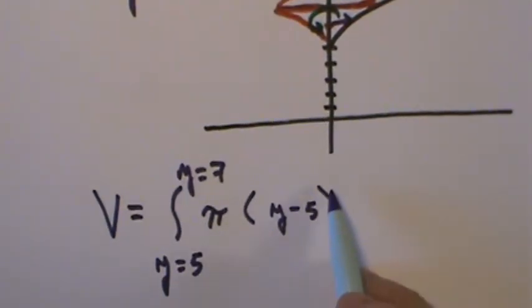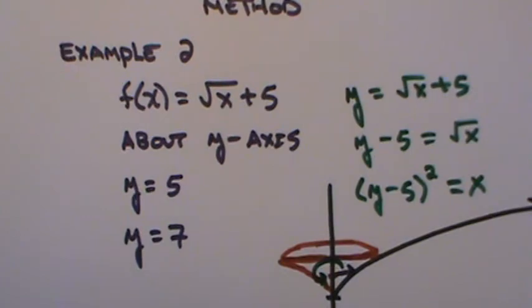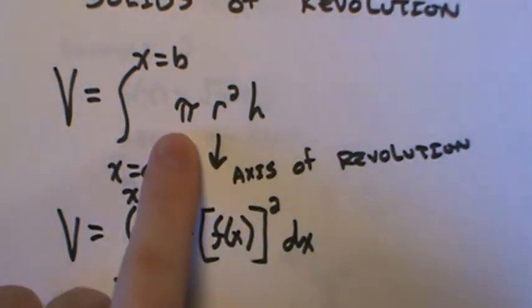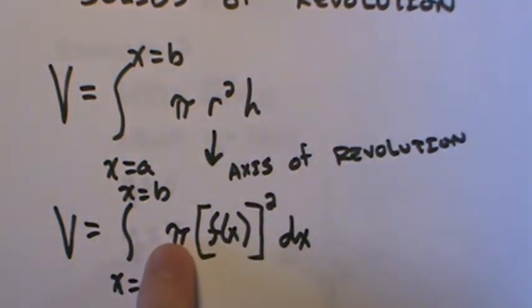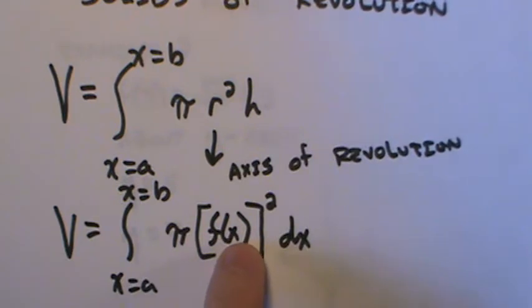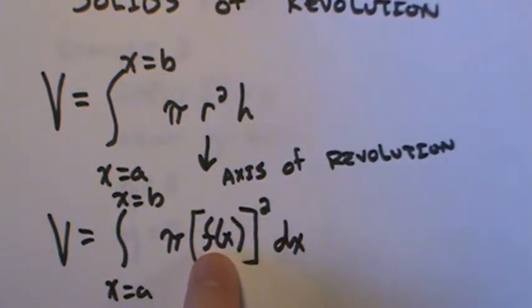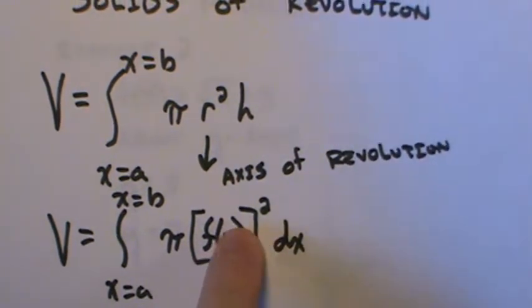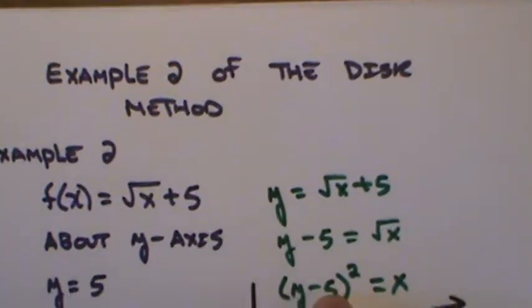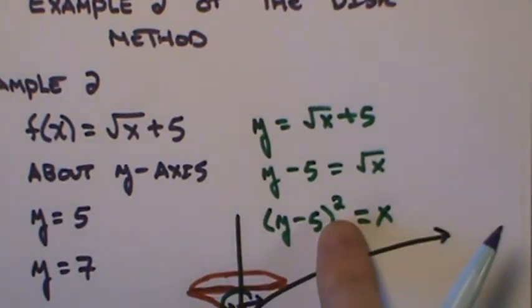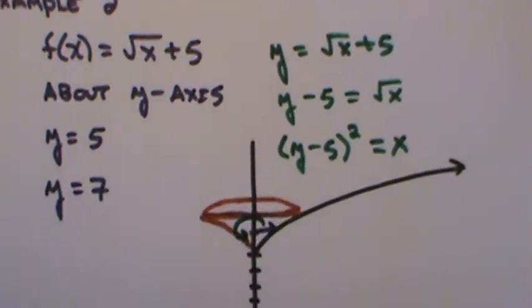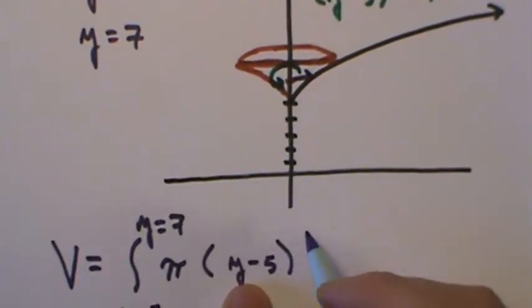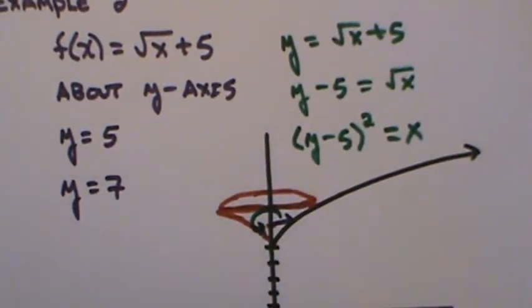But if you recall in our last problem, we're looking at this formula that says we have to do pi r squared h, which is pi, could be f of x, g of x, doesn't really matter what it is, g of y, squared. I have to square something that's already been squared. My function is telling me I'm squared. So when I square a square, I'm going to raise this to the 4th power. And then I'm going to have a dy there.